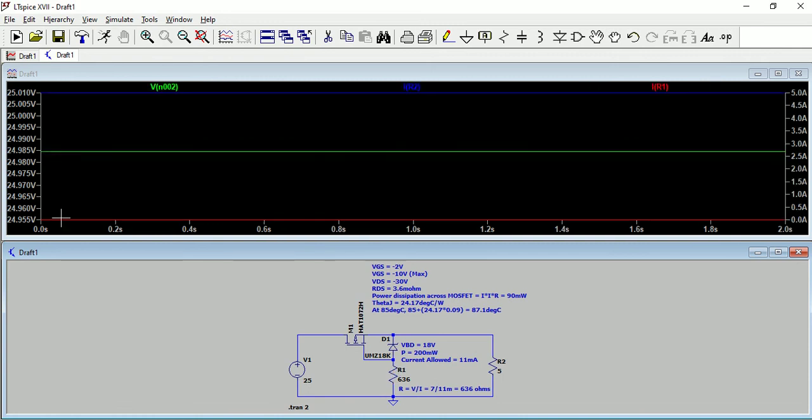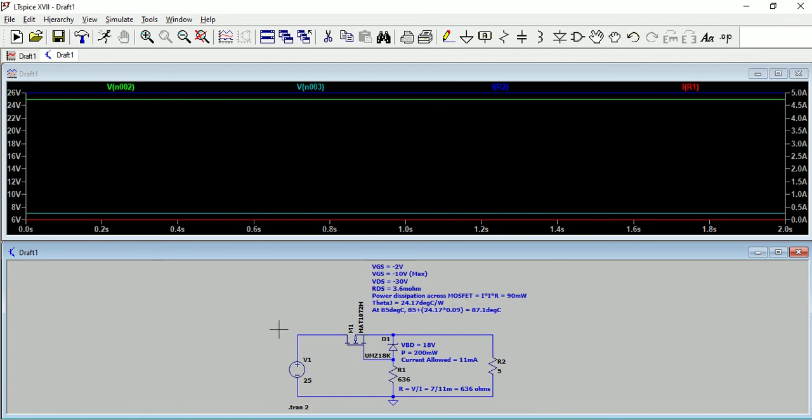And then if you see the current through here, this is coming around 11 milliamps, because the current is 5 amps here, so it is showing very less. And then if you probe the voltage here, you can see the blue line, which is 7 volts. Okay, so the circuit with this 25 volts is functional.